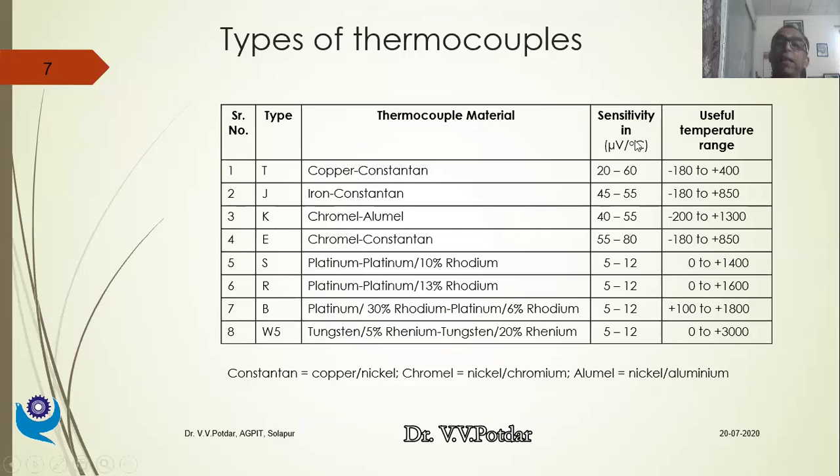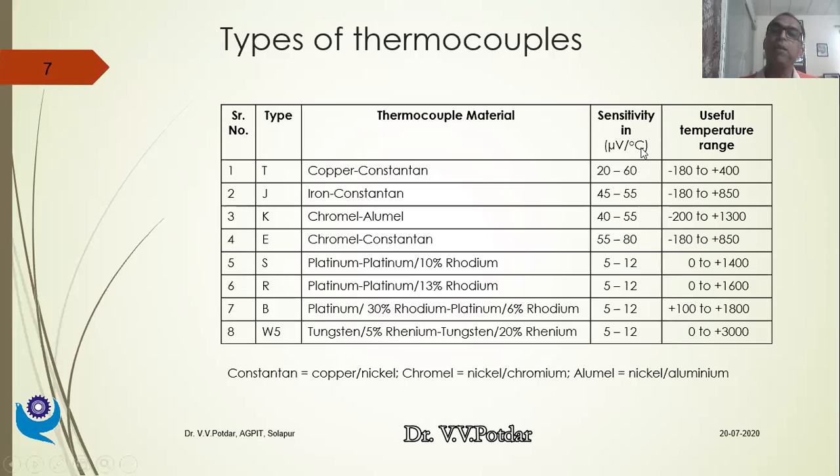The sensitivity, as you remember, from the static performance characteristics we studied earlier. Sensitivity is the output voltage given by the transducer, by this thermocouple, per unit change in temperature.